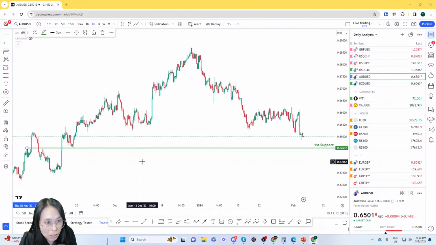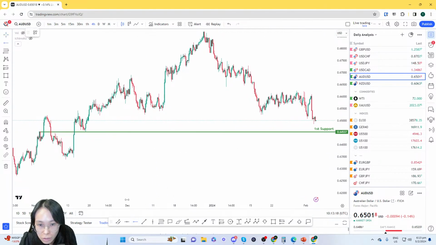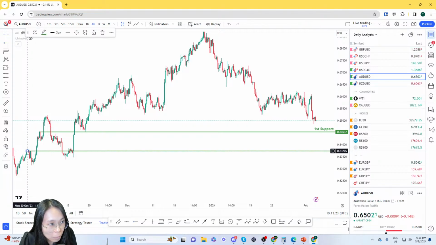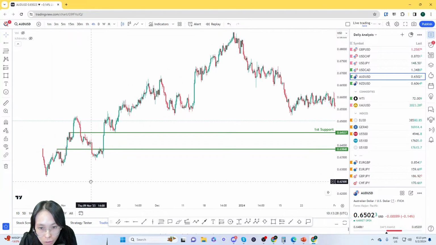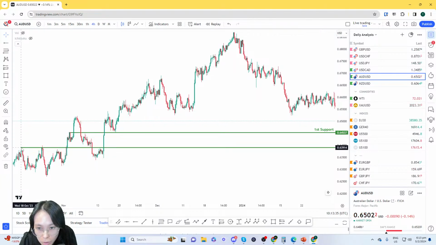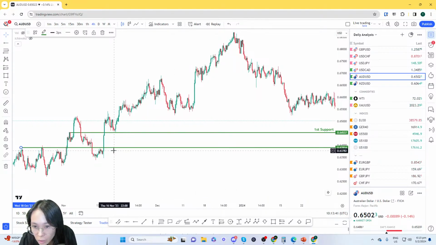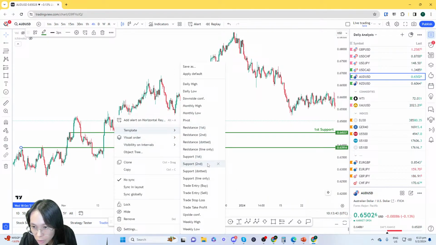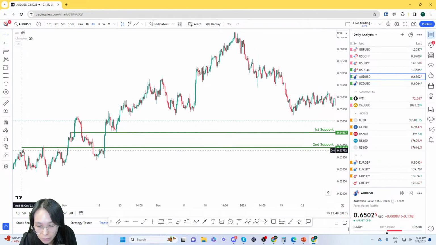And the second level of support, I've chosen this one because it captures a pretty significant level here.